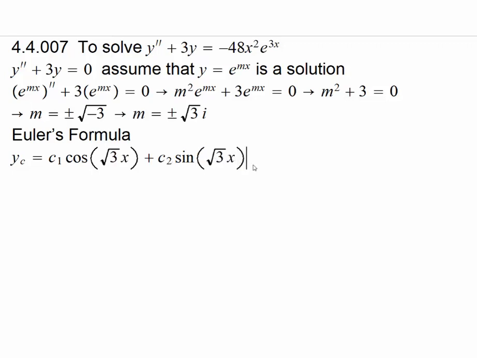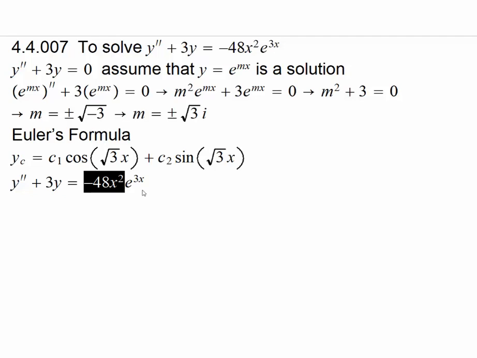Now what we have to do, and here is going to be quite a bit of work, is find a particular solution involving this right hand side function. If you look at the form of this function, here I have a quadratic multiplied by an exponential.